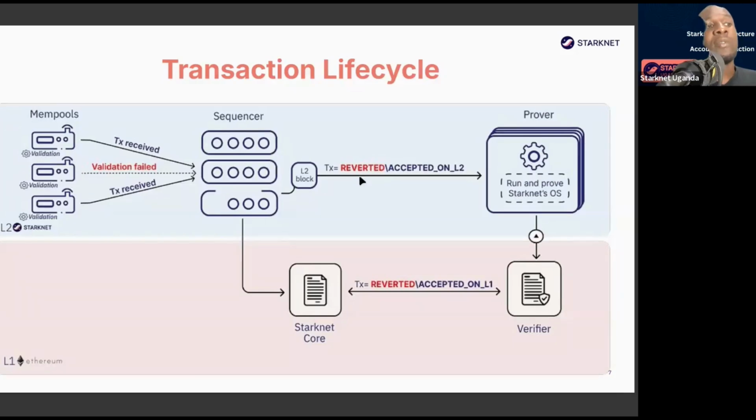So from the sequencer, we go to what is called a prover. Now the prover in this case is just like, using the bar analogy, you've made a payment. Maybe you've paid using MTN mobile money, probably to the restaurant's merchant code.